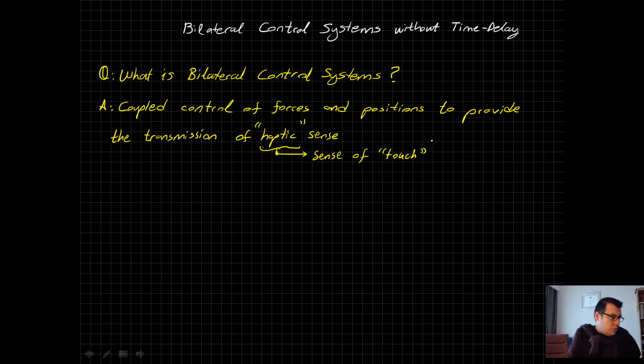Alright, so I'm having a small look at my notes here. Bilateral control systems are sometimes also called telemanipulation or teleoperation systems.